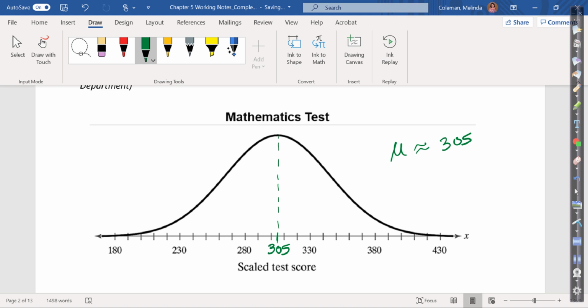Now my standard deviation, again, if you look at the whole curve, it's going to be sort of halfway between. And remember, it's symmetric, so it'll be the same on both sides. And so if we start looking at that standard deviation, we end up somewhere right about here.